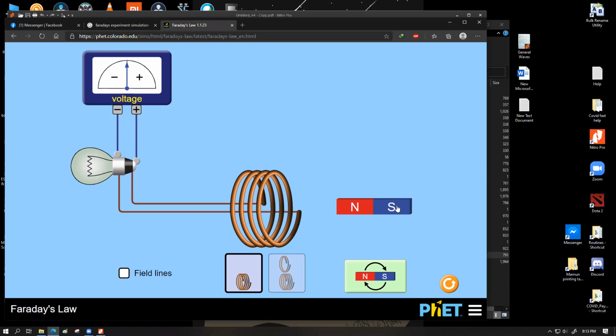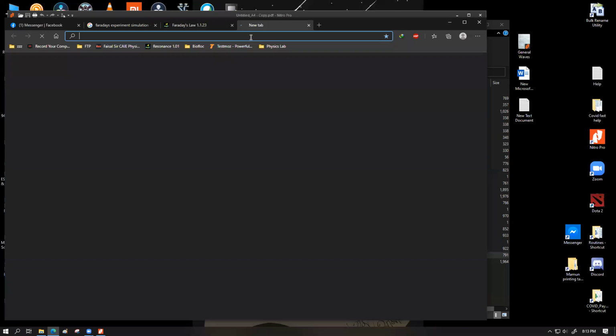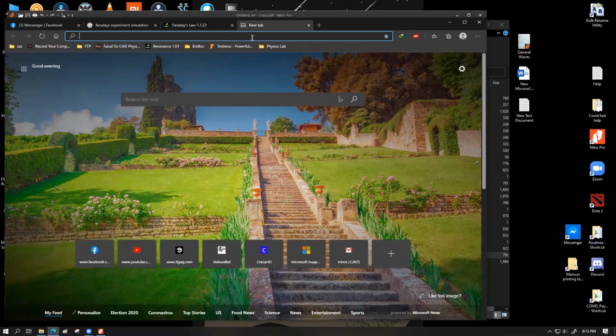If I move the North Pole closer to the coil, let's say initially the North Pole was further and now I'm moving it closer, in that movement this coil will experience a change of magnetic field strength from a weaker field to a stronger field, because I'm bringing the denser region of the field lines closer to the coil. I don't have the magnetic field lines drawn in this animation, but I want you to visualize them. Let me just show you a figure.